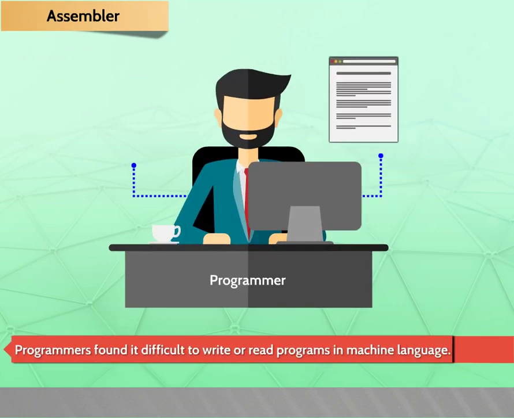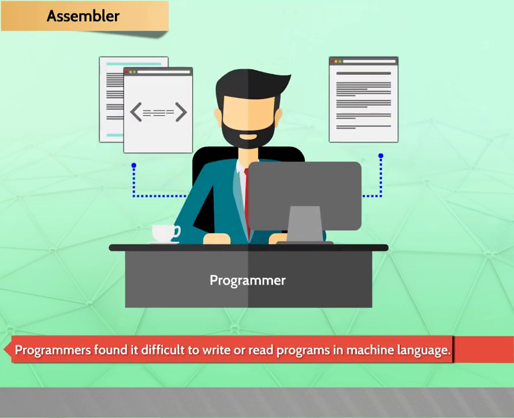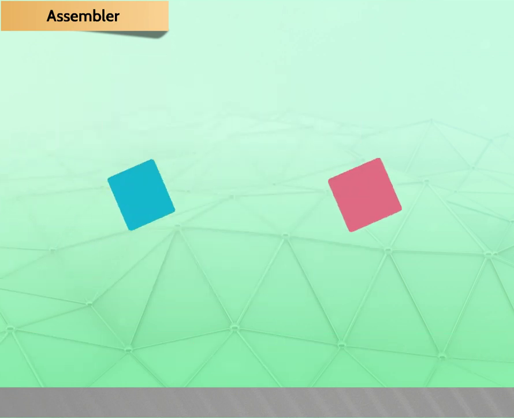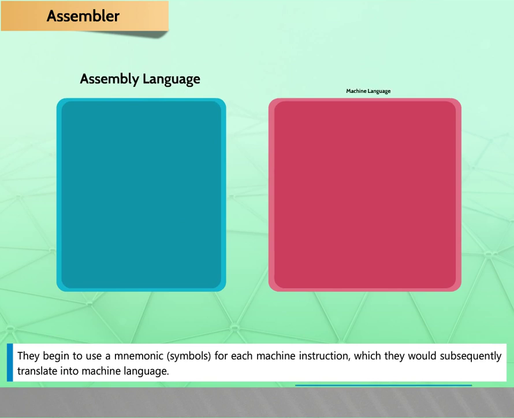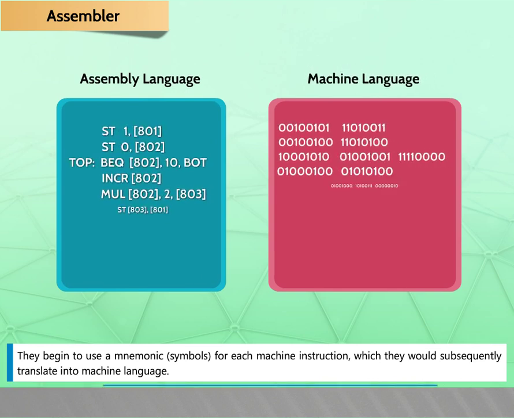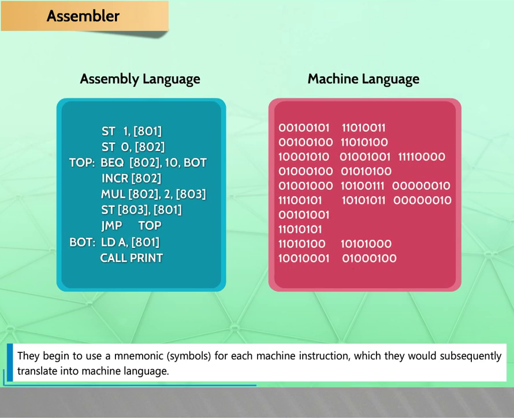Assembler. Programmers found it difficult to write or read programs in machine language. They began to use mnemonic symbols for each machine instruction, which they would subsequently translate into machine language.